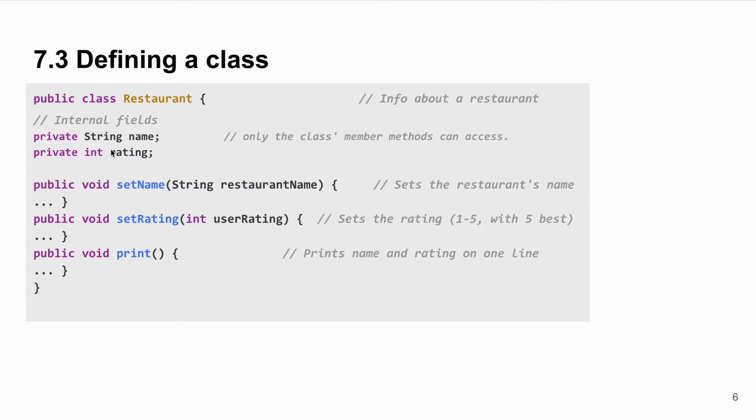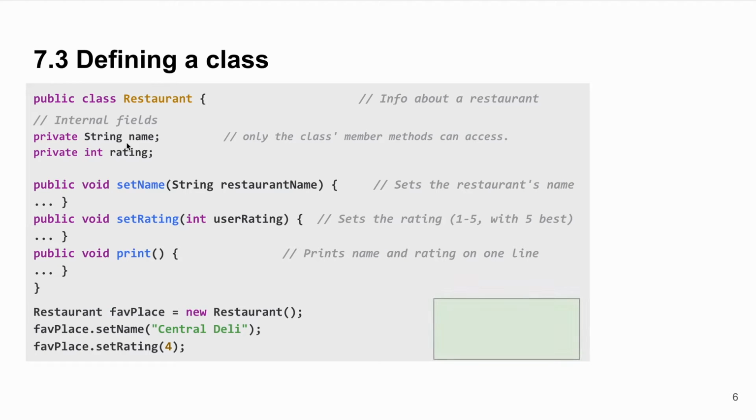We can also have fields or variables within the class. Private string name and private integer rating are two fields which are declared within this class. The last three lines of code are basically creating a new object of type Restaurant, and we are assigning this object to a variable of type Restaurant, and the name of the variable is favoritePlace.